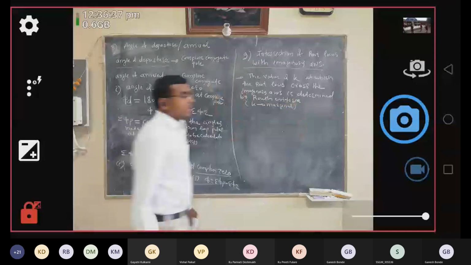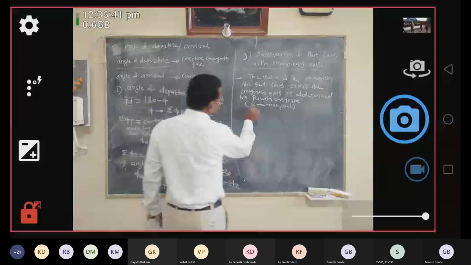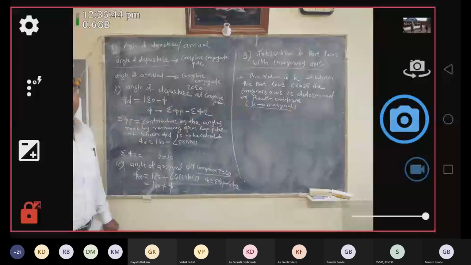The value of k at which your root locus branches intersect the imaginary axis is called the marginal value of k.